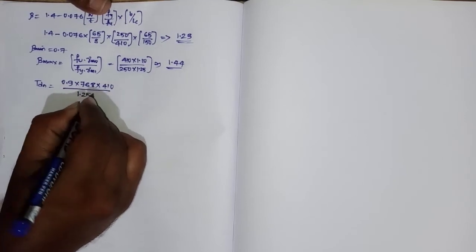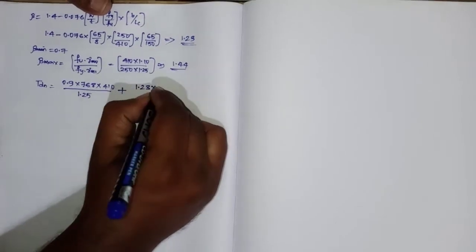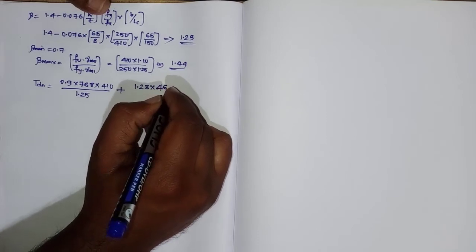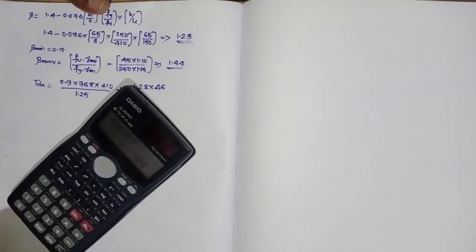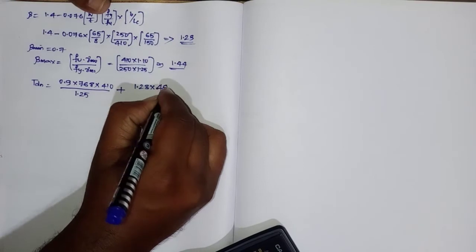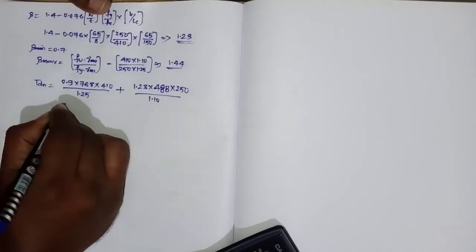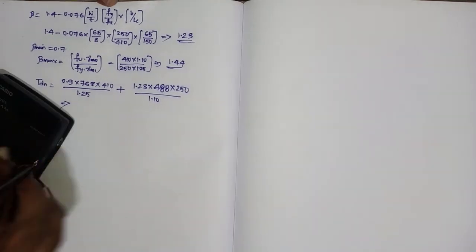Gamma m1, that is 1.25, plus what is beta? 1.23 into, you got this one as what? 488 into 250 divided by 1.10. So 0.9 into 768 into 410 divided by how much? 1.25.